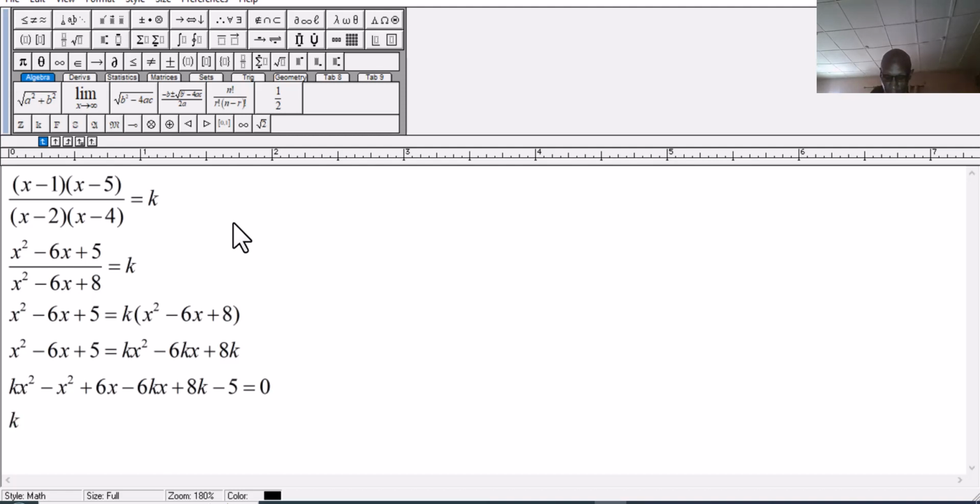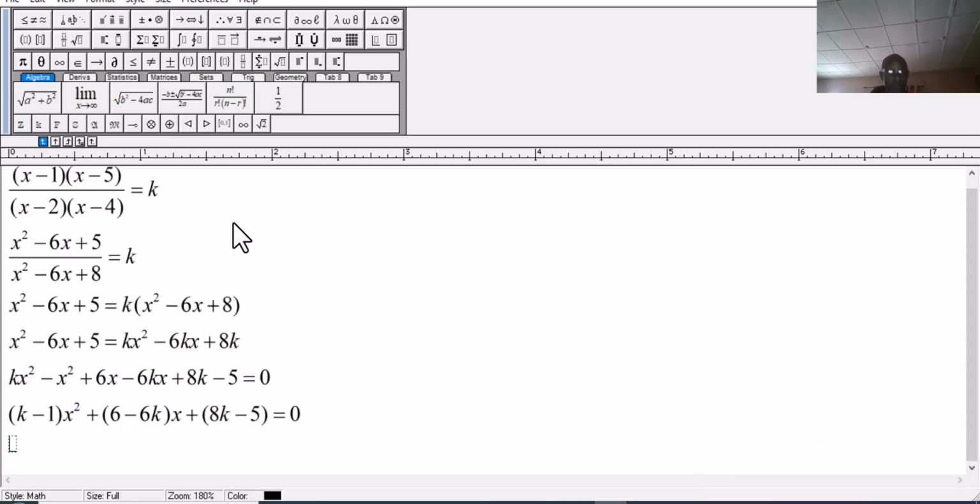So we have (k minus 1)x squared plus (6 minus 6k)x plus 8k minus 5.